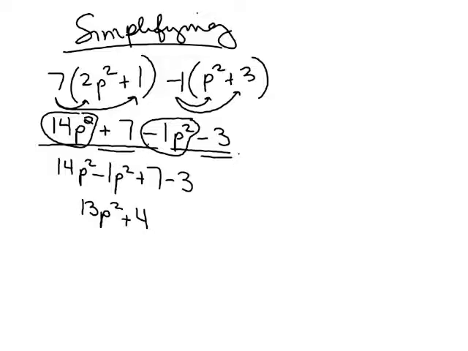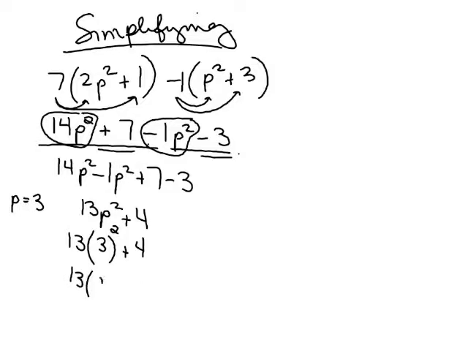So 13p squared plus 4. Let's say p is equal to 3. So then I would solve this equation. What should I do? 13 times 3. So put in a set of brackets where the p was. Squared. Plus 4. So 3 squared, 9.